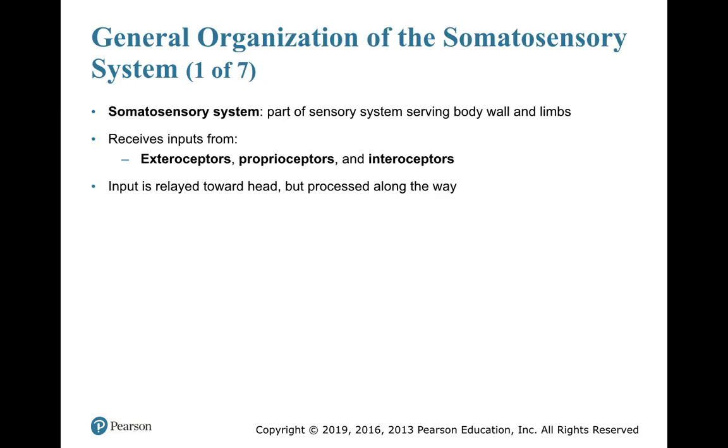So the somatosensory system is that part of the sensory system that serves the body wall and limbs. It's going to get inputs from exteroceptors, getting information from outside the body, proprioceptors, those giving information about our skeletal muscle positions, and interoceptors, information about the internal part or the visceral part of our body.